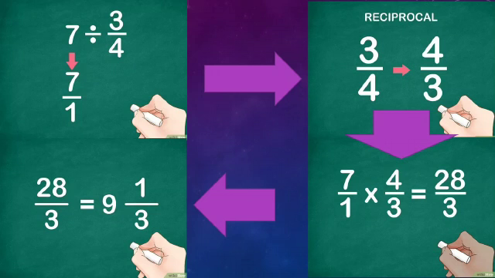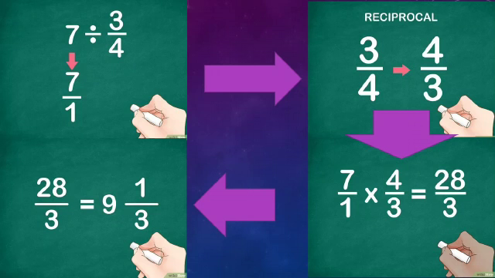See question, 7 divided by 3 by 4. First we have to change the whole number into a fraction, that is equal to 7 by 1. Now for changing the division sign into multiplication, we have to change the fraction after the division, that is 3 by 4. So we have to take the reciprocal of 3 by 4, that is 4 by 3.